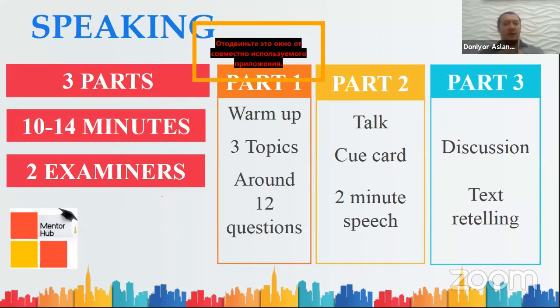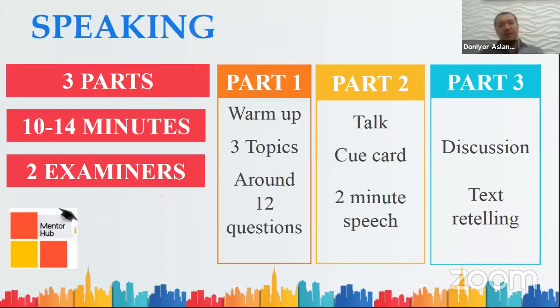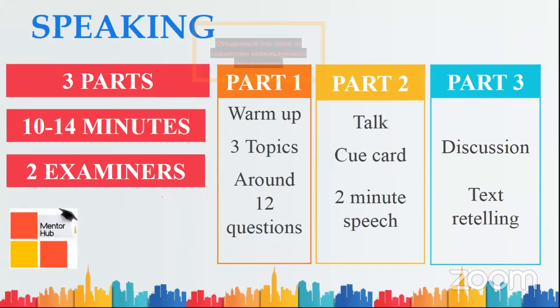In part one, I call this part warm up because the examiner mostly asks questions on the experience of candidates, about the place they live, about their hometown, about their work.